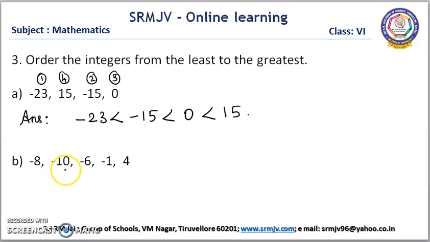So, the greater number has a smallest value in negative integers. So, minus 10 is the least one. Then, minus 8, minus 6, then minus 1. Then 4 is the greatest integer.